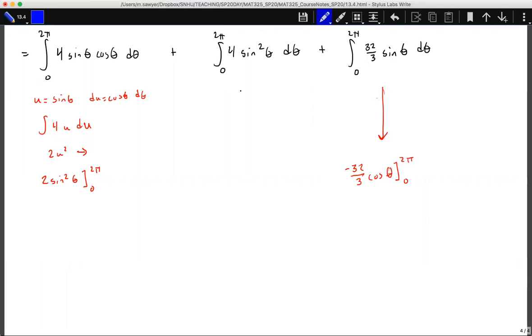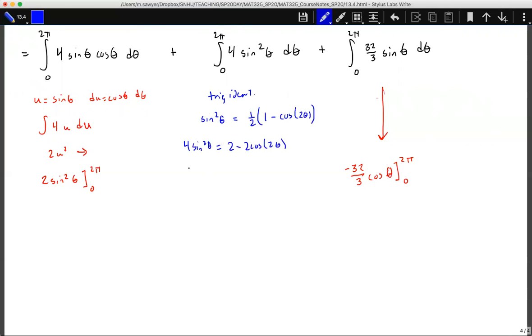Those two integrals are nice and easy to evaluate. Now the middle integral, we can use the trig identity where sine squared of theta is equal to 1/2 quantity 1 minus cosine of 2 theta. This is a double angle identity. So then 4 sine squared of theta is equal to 2 minus 2 cosine of 2 theta.